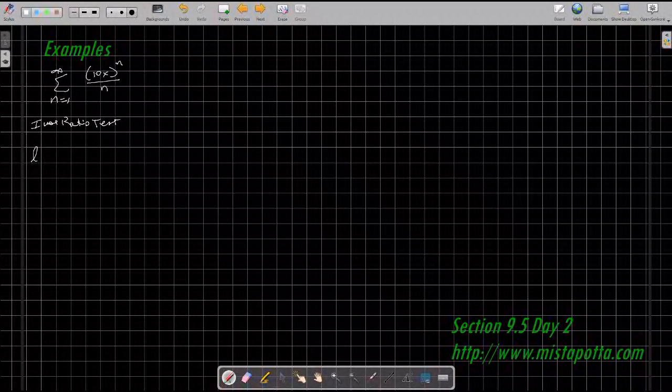So I'm looking for the limit as n approaches infinity of the absolute value of a sub n plus 1. So this is going to be 10x to the n plus 1 over n plus 1, divided by my original a sub n.